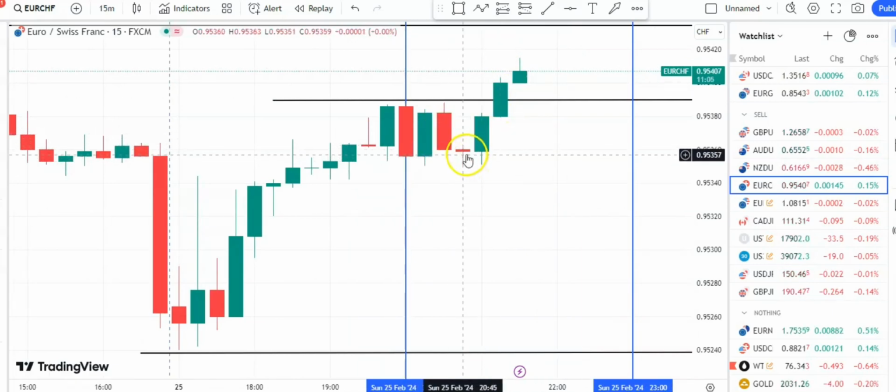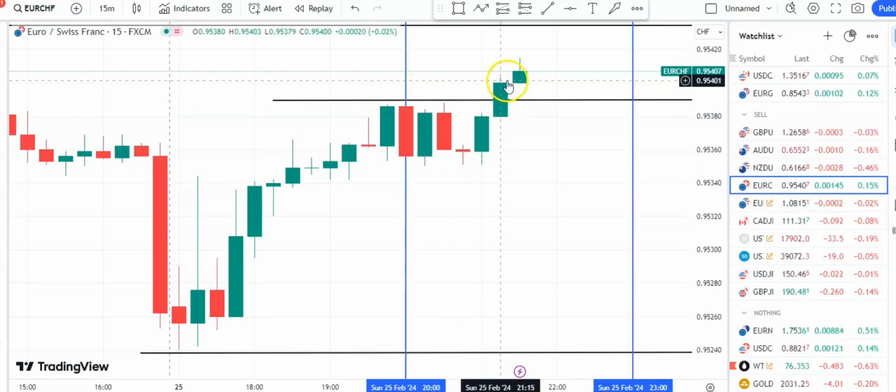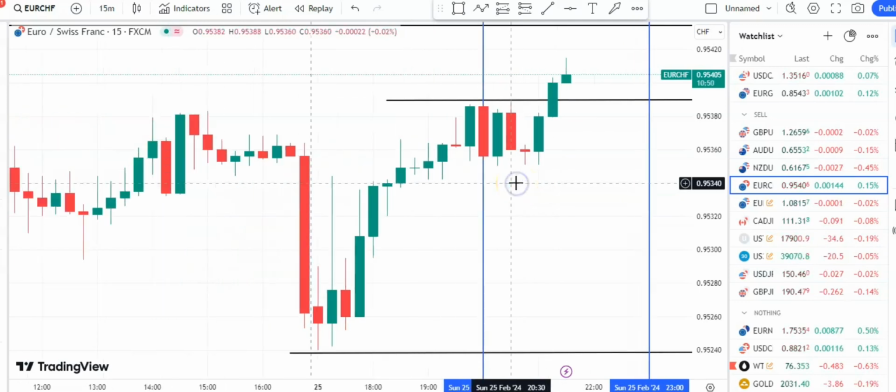Yes, we do. So this becomes our 1, our 2, and our 3. So now we are waiting for this candle to close bearish to give us an entry. And yeah, up to there, that is all we can control. The rest is the market, and you can't control the market.